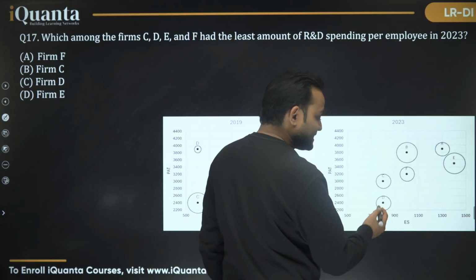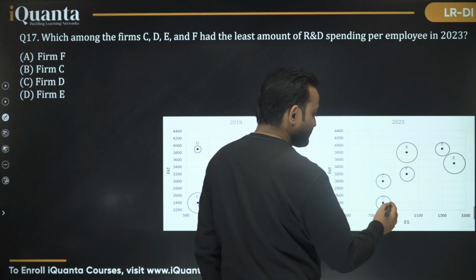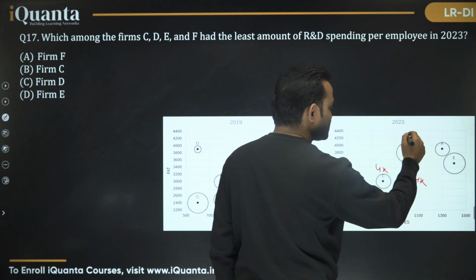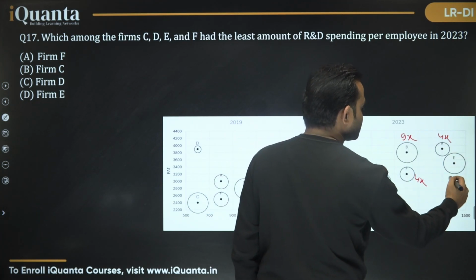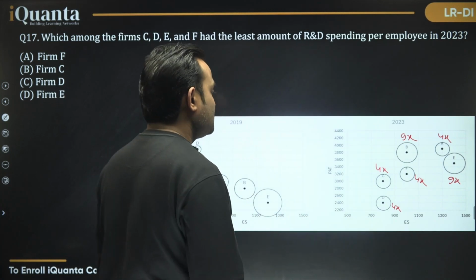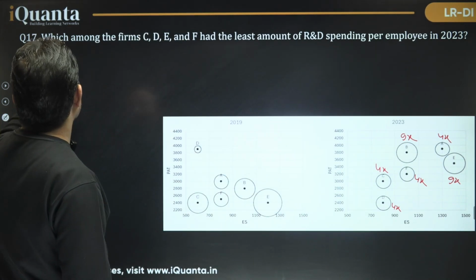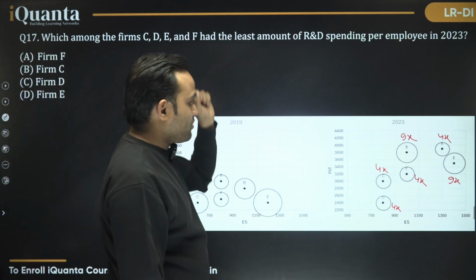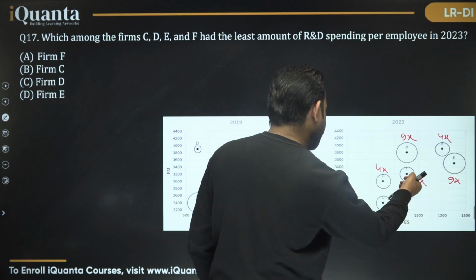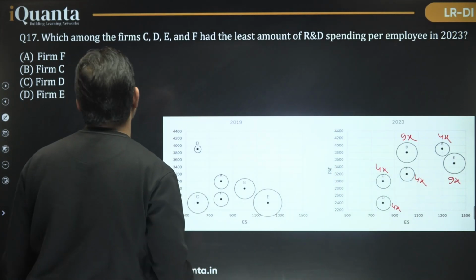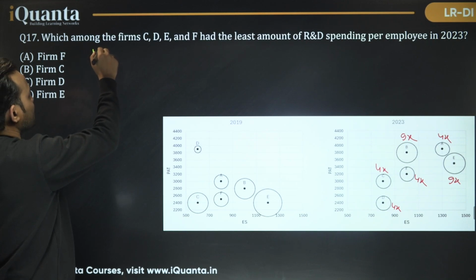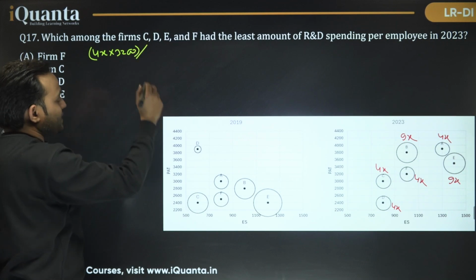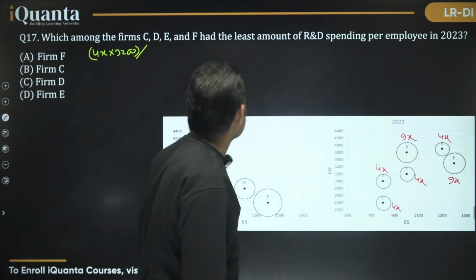So this radius is 2R, and we had taken this will be 4x%, 4x%, 4x%, 9x%. For F, the R&D amount will be 4x% of 3200, meaning 4x into 3200 divided by the number of employees, which is 1000.